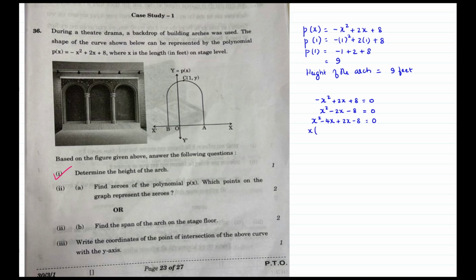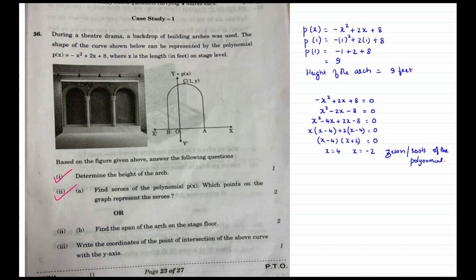Take x common, you get x into x minus 4 plus 2, take 2 as common, you get x minus 4. So x minus 4 into x plus 2 is equal to 0, or x is equal to 4 and x is equal to minus 2. So these are the zeros or roots of the polynomial.